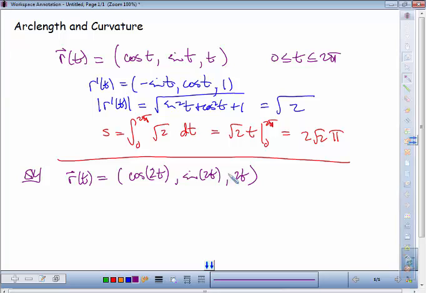Then if I draw this out, maybe I won't go all the way up to 2 pi, because that'll give me an angle of 4 pi. It'll give me twice as high. But if I draw this from 0 to pi, then I'm going to get the exact same curve, right?